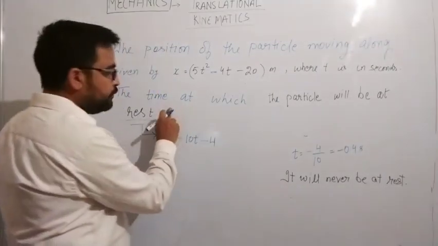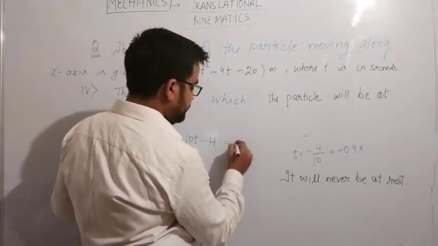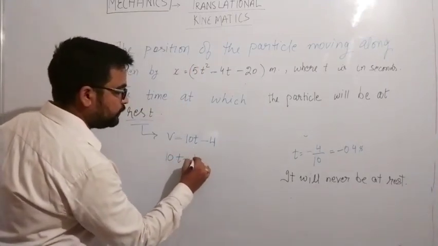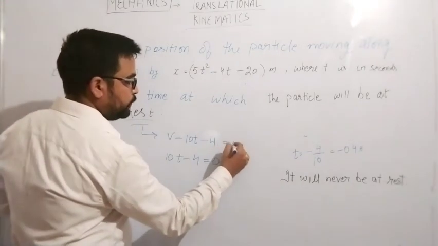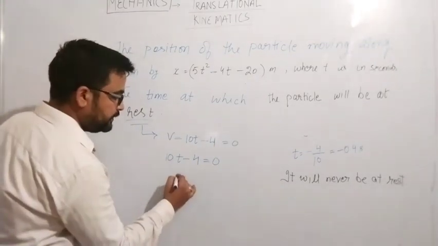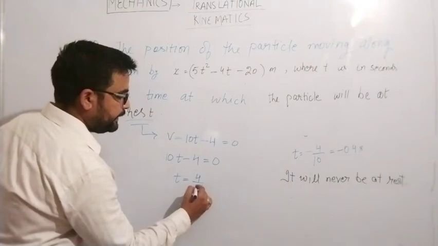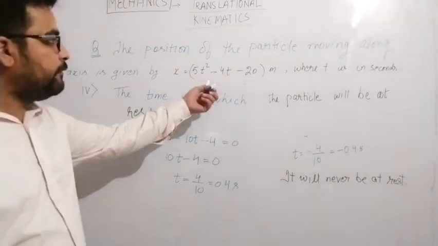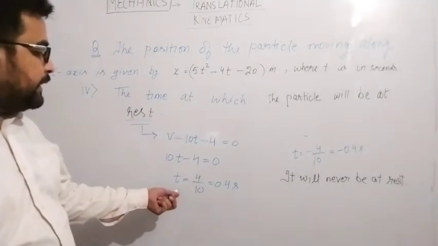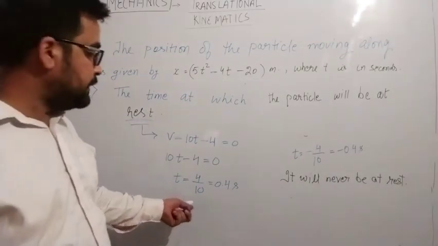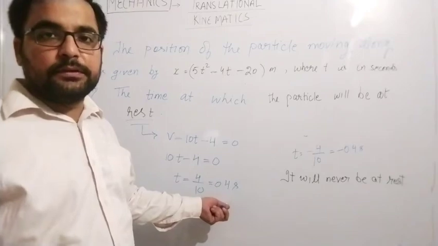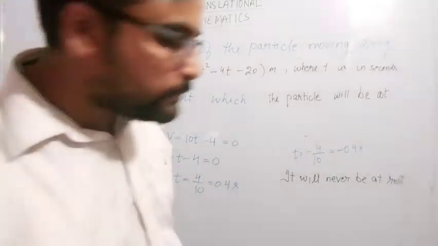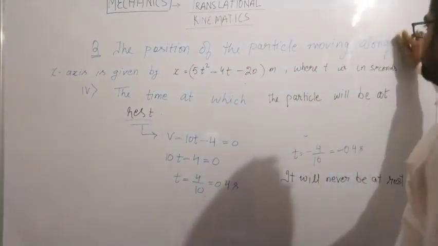And now for the same question, if you put velocity equal to 0, then 10t minus 4 will be 0. Now t will be 4 by 10, that is 0.4 seconds. So if the equation would have been of this type, then the particle would have come to rest at 0.4 seconds. But for our question, it is not possible. Right? Okay.